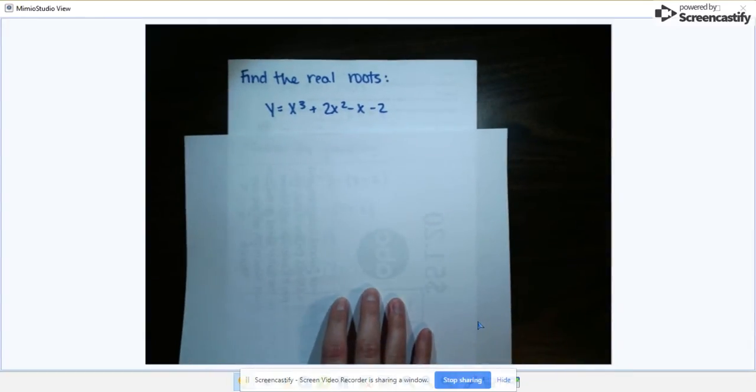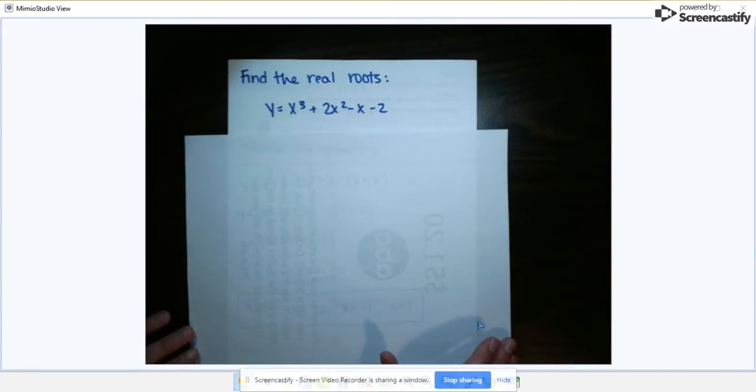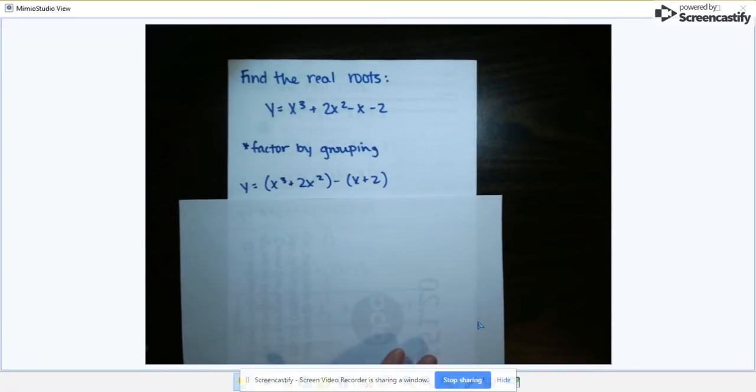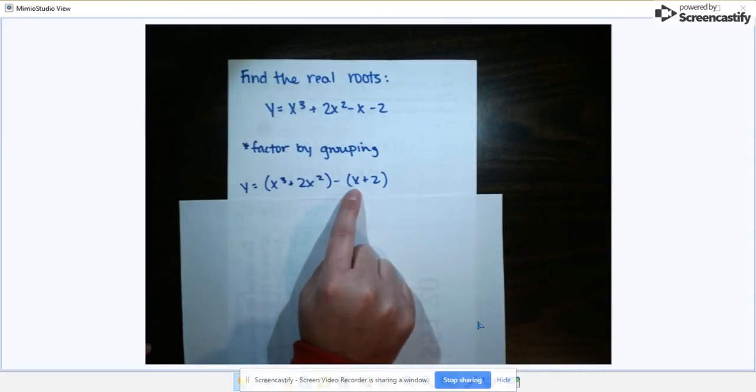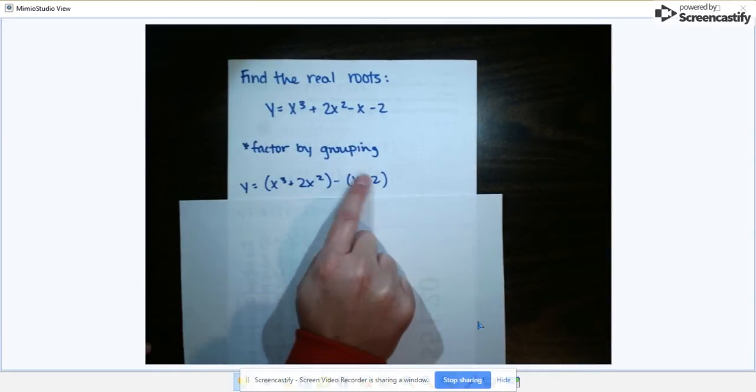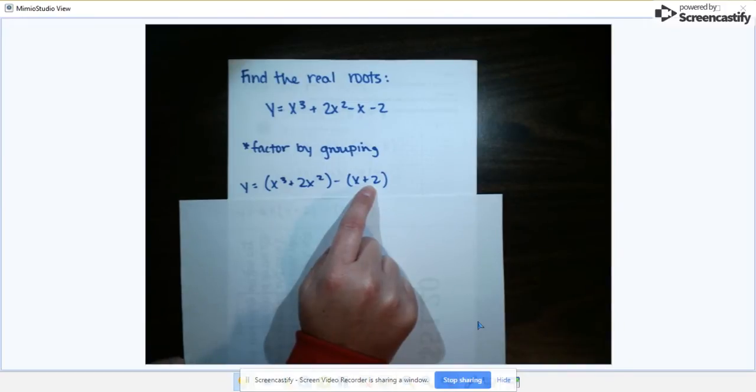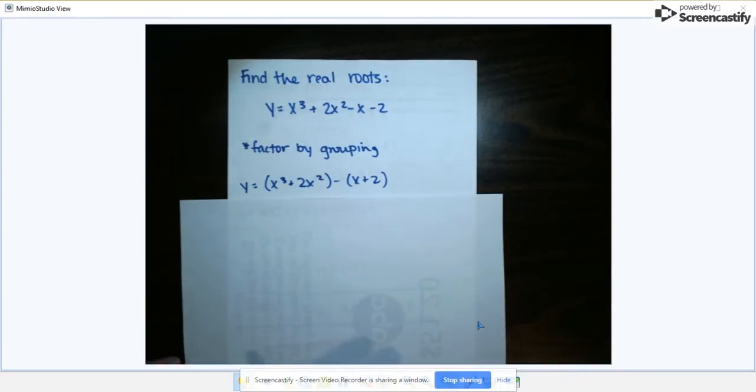Okay, here's another. Obviously, this is not a sum or a difference of 2 cubes, so we're going to have to figure out another way to solve this. So we can factor by grouping. So I went ahead and put it in parentheses. Remember, because of this minus sign, when we put parentheses, we have to change our sign because we would distribute. So to keep our problem correct, we change that back sign.